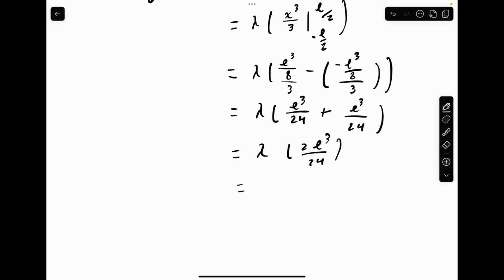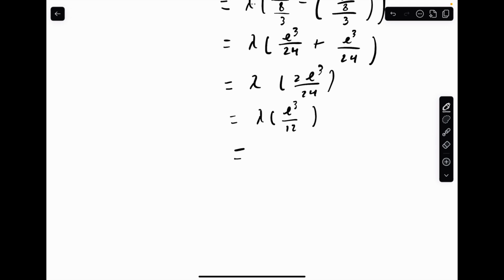I'll simplify that fraction, and it becomes L to the third divided by 12. And now I'll sub in for lambda, so I'll get M over L times L to the third over 12. And this will become 1/12 ML squared.